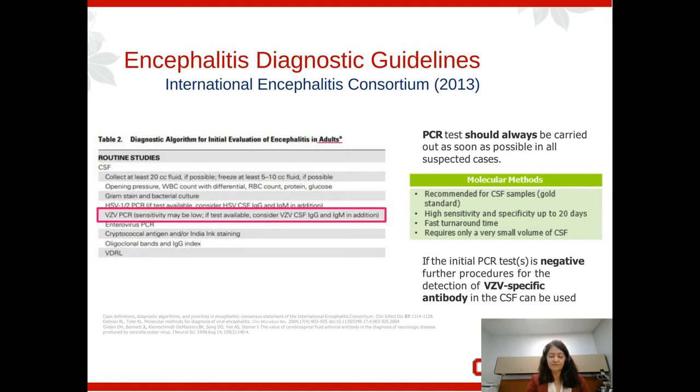It is recommended that a CSF sample be obtained, and these PCR assays are highly sensitive and specific, have a very fast turnaround time, require only a minimal amount of CSF specimen, and should be carried out as soon as possible. In the absence of a positive PCR, one can also look for VZV-specific antibodies in the CSF.